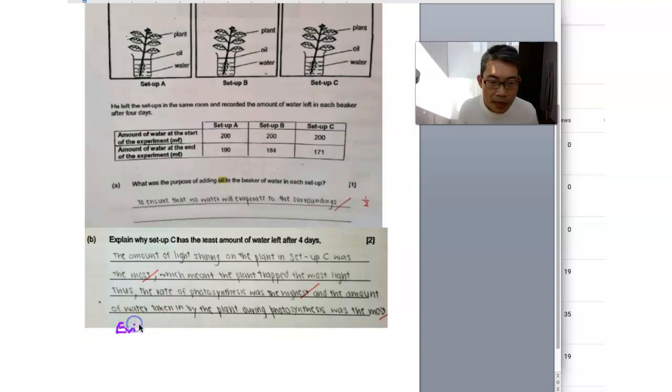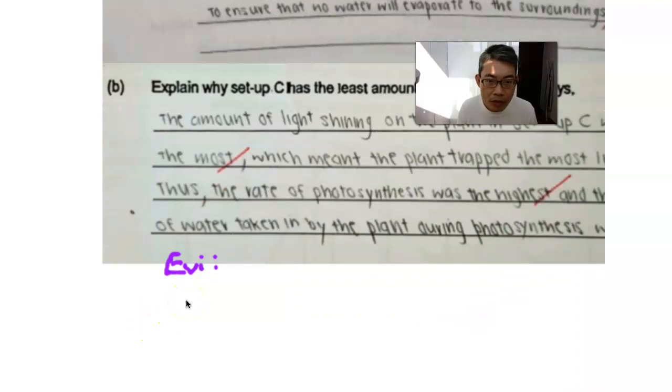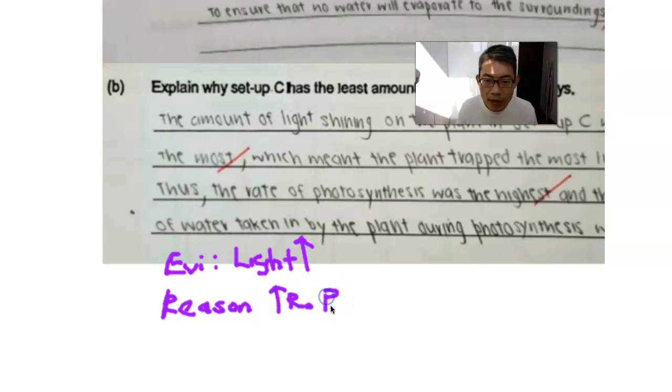Earlier, remember there are 3 lamps, so the amount of light is more, greater light intensity, and then your reason will be the increase in the rate of photosynthesis. Now let's take a look at your answer to see if your answer is like that.